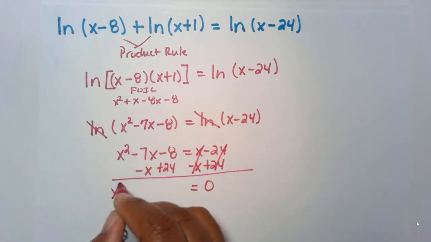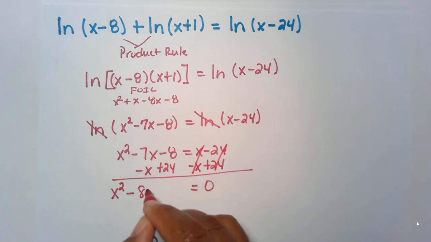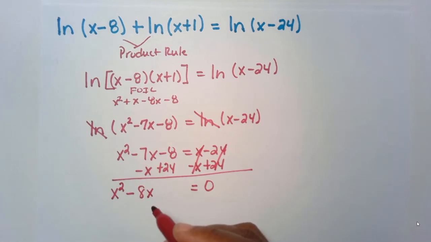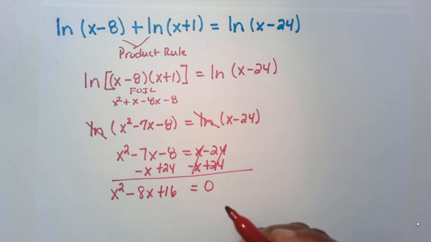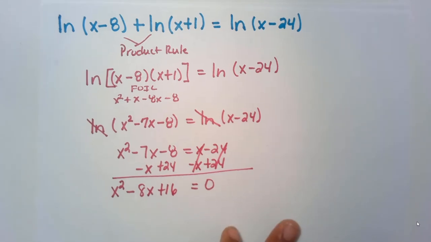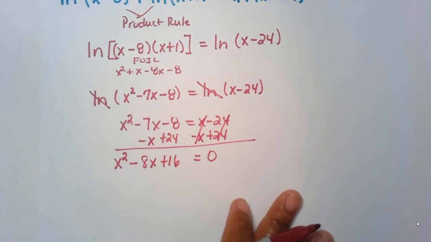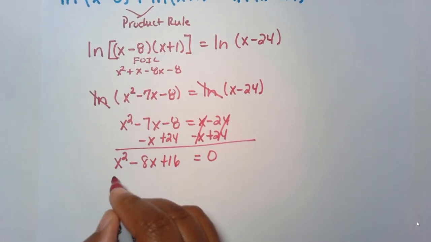And we have x squared minus 8x. And then we have negative 8 plus 24. That gives us 16. Okay. Now we're going to solve this trinomial, this quadratic equation, by factoring.